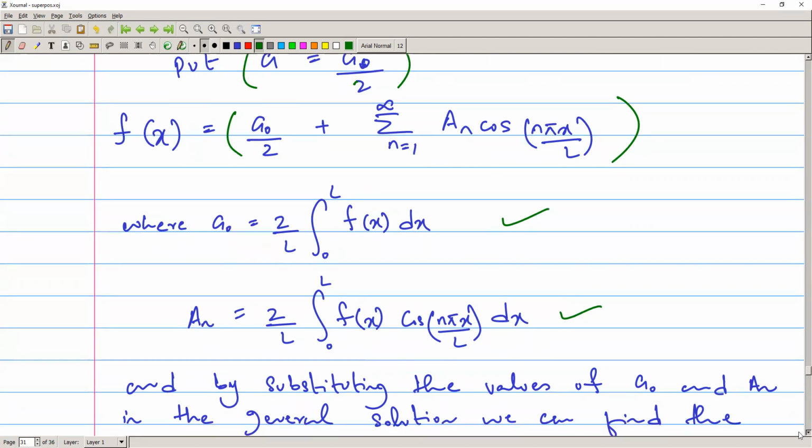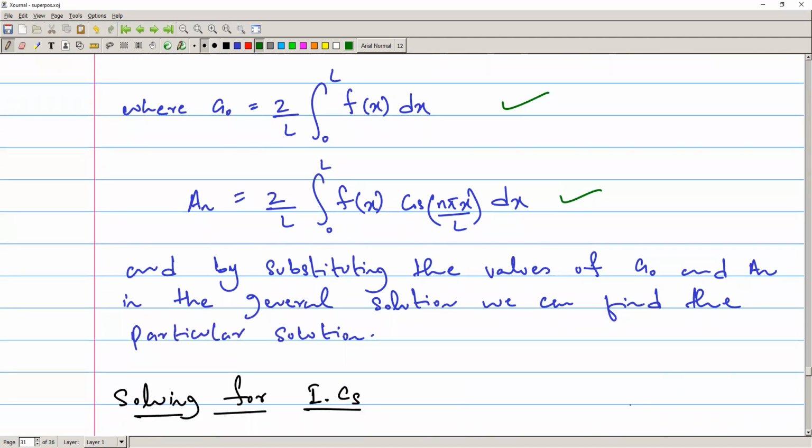So in this way, by substituting the values of a naught and a n in the general solution, we can find the particular solution. So we can solve the heat equation for the homogeneous Neumann boundary conditions in a similar manner. And now let's take an example.